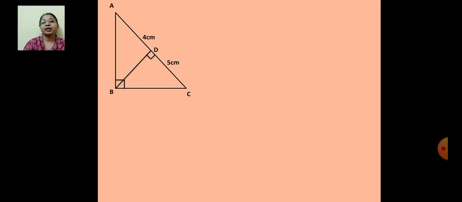This is that diagram. ABC is a right angle triangle at vertex B. From that right angle vertex, one more perpendicular is drawn, BD, on the hypotenuse AC, and these two lengths are given. So you have to find AB and length BD.